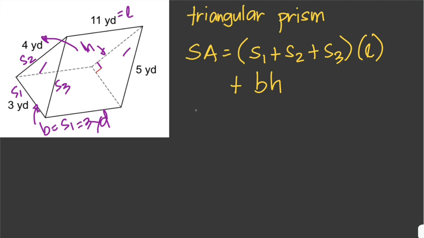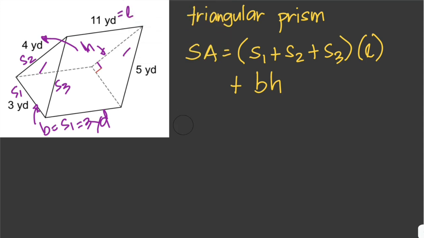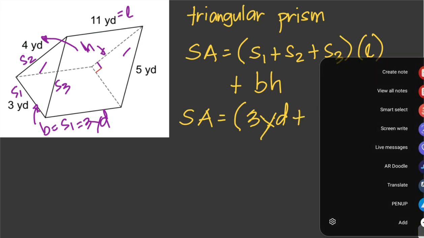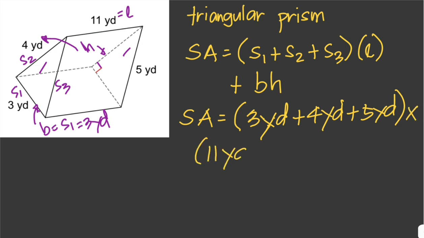And now we can plug in all the values to our formula. So that would be surface area equals side 1 is 3 yards plus 4 yards plus 5 yards times the length, which is 11 yards.